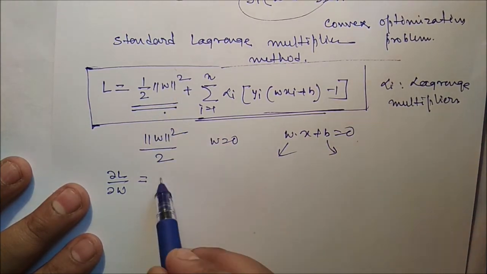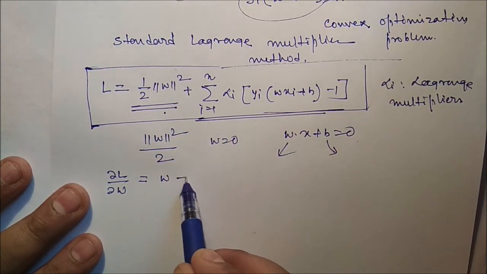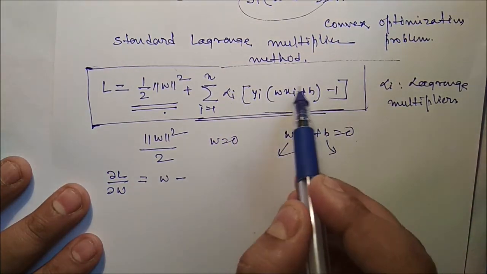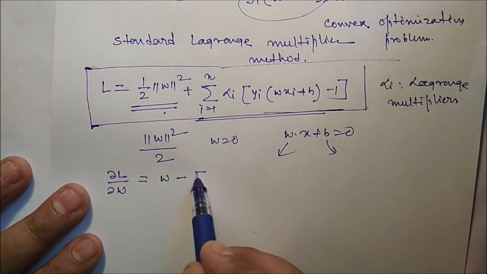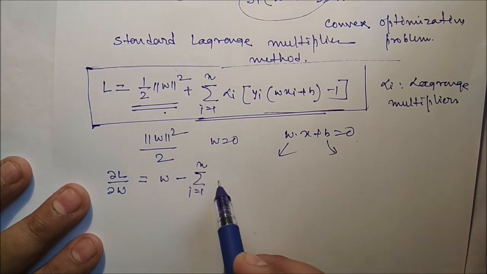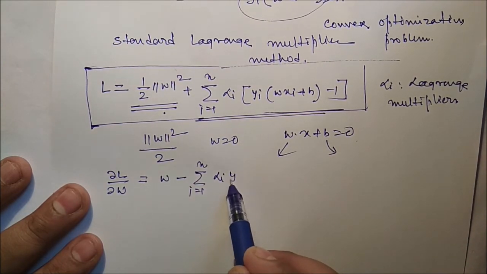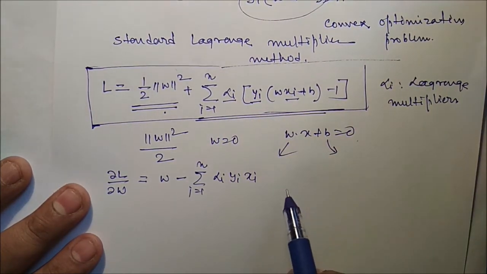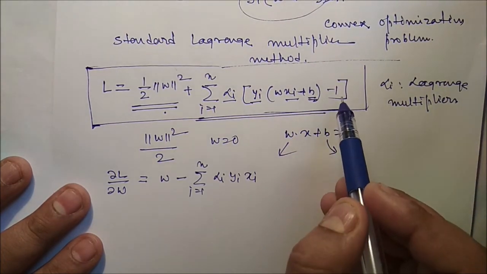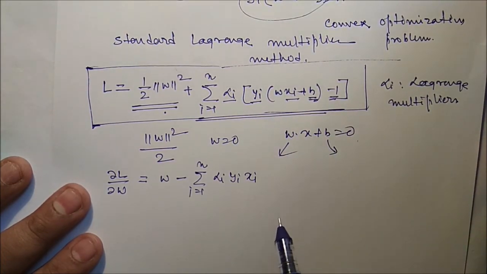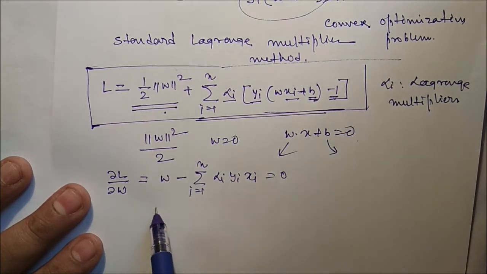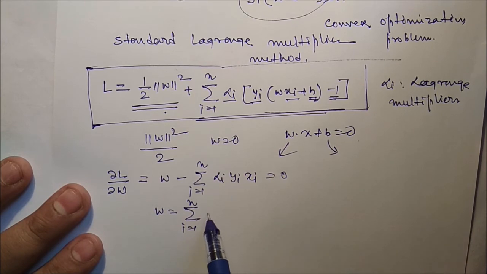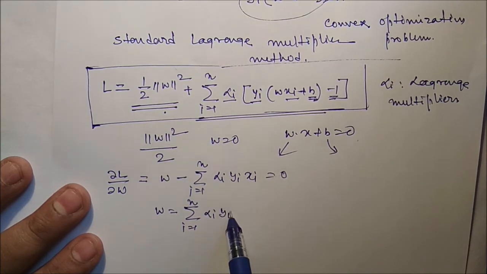For this one you can write w minus, and the w term is only in this particular part, summation of 1 to n alpha i yi xi. Here no w term is there, which is 0. That means w is nothing but the summation of 1 to n alpha i yi xi.